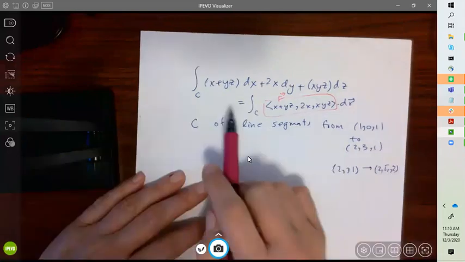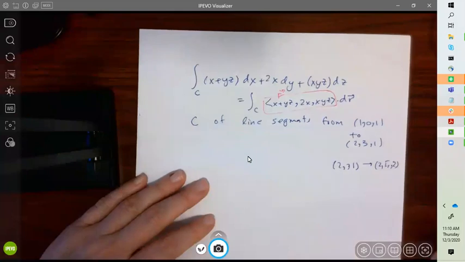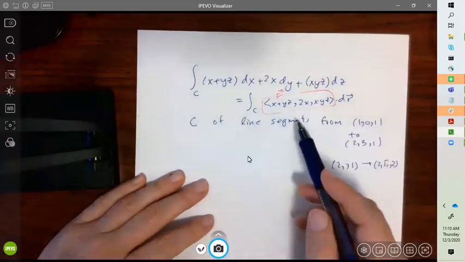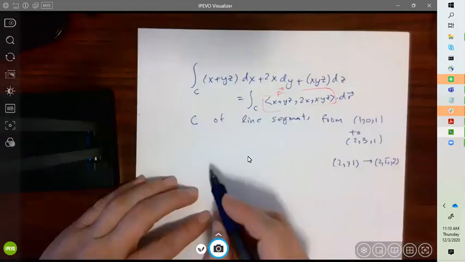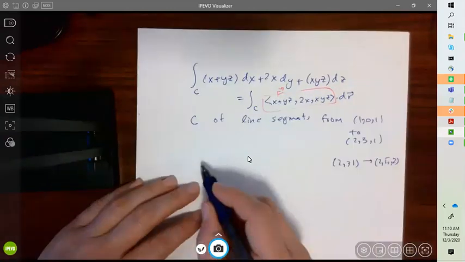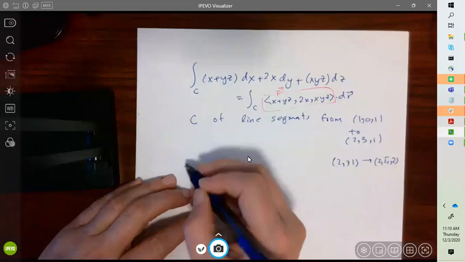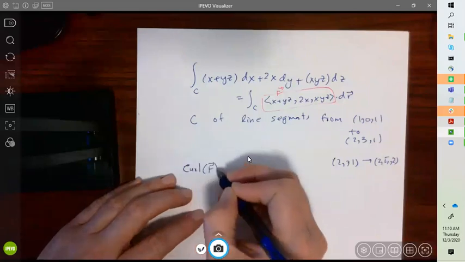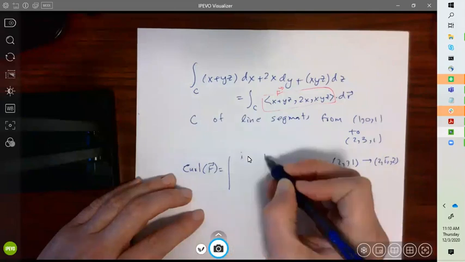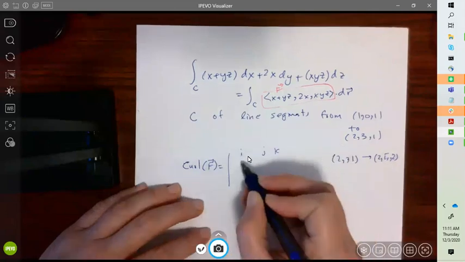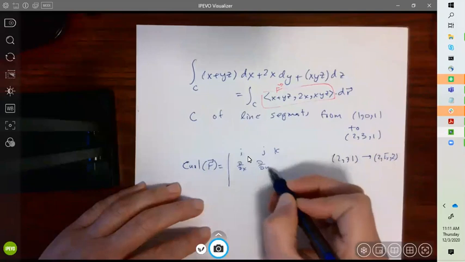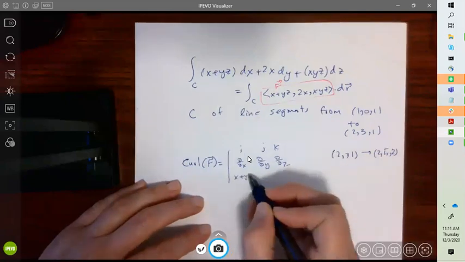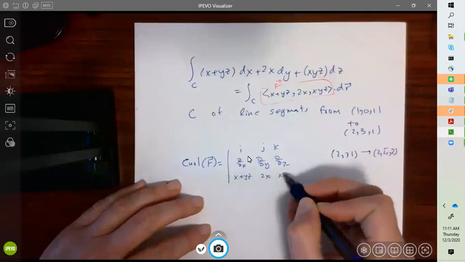In here, the function F is defined everywhere. It doesn't have any hole in the domain. So let's do the curl of F. And curl of F is ijk, partial with respect to x, partial with respect to y, partial with respect to z, and x plus yz, 2x, xyz.